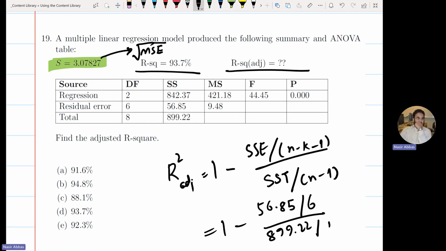Its degree of freedom, 8. This should give you one of these options. And one of the hints, it should be slightly less than R square. So if there is an option greater than R square, simply discard it. N is 9, correct. Option A, 91.6.